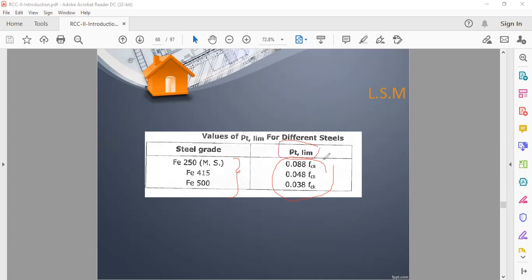So if you know this, you can calculate for different grades of concrete. These are the different steel grades, 250, 415, 500. What is the unit of this one? It is always Newton per mm square. So 250 Newton per mm square, 415 Newton per mm square, and 500 Newton per mm square.